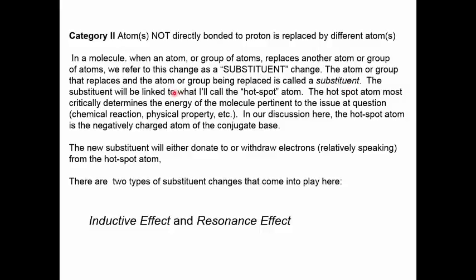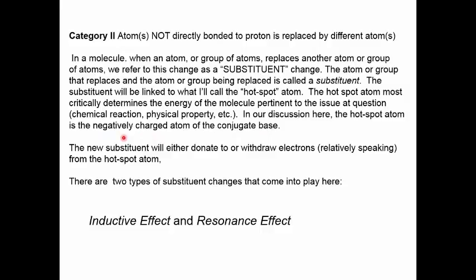The substituent will be linked to what I'll call the hotspot atom. The hotspot atom most critically determines the energy of the molecule pertinent to the issue at question. That is, whether we're talking about a chemical reaction or a physical property. In our discussion here, the hotspot atom is the negatively charged atom of the conjugate base.